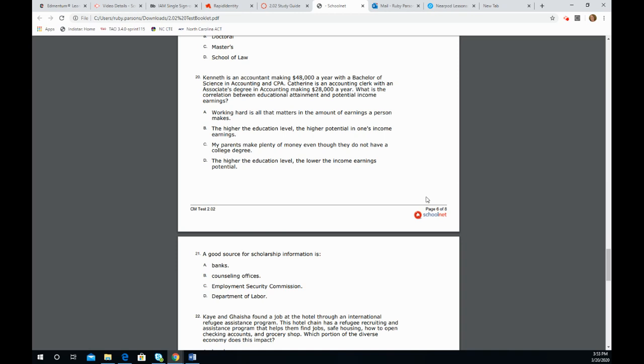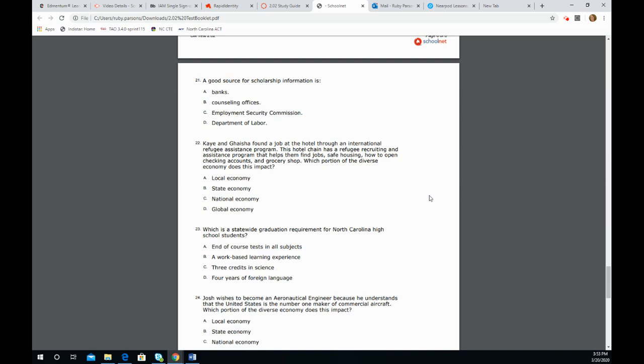B, the higher the education level, the higher potential in one's income earnings. C, my parents make plenty of money even though they don't have a college degree. Or D, the higher the education level, the lower the income earning potential. B, the higher the education level, the higher potential in one's income earning.